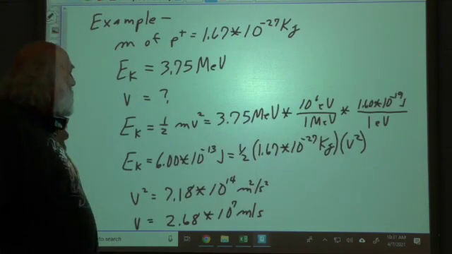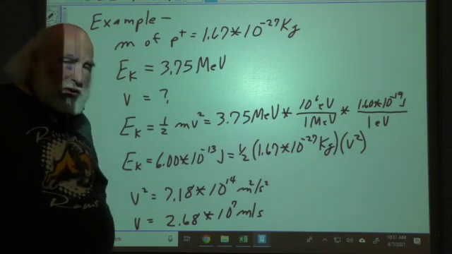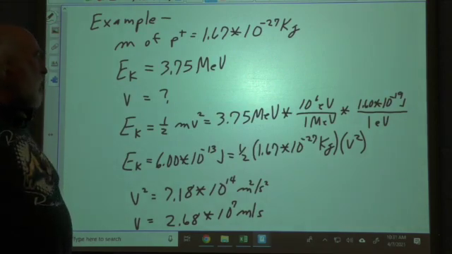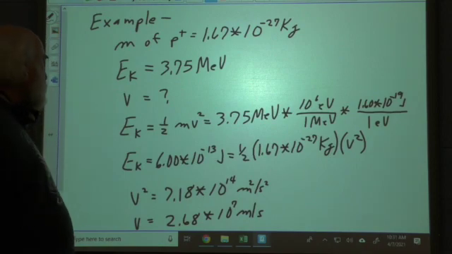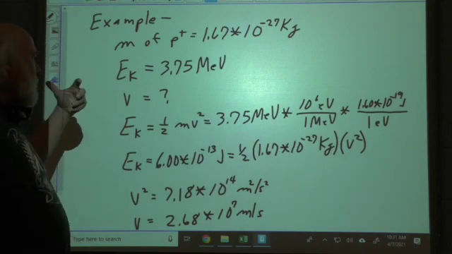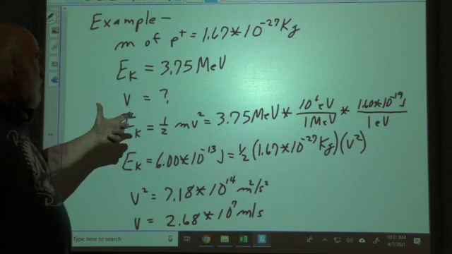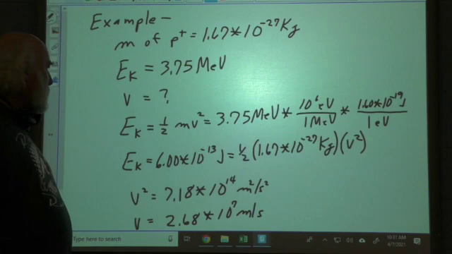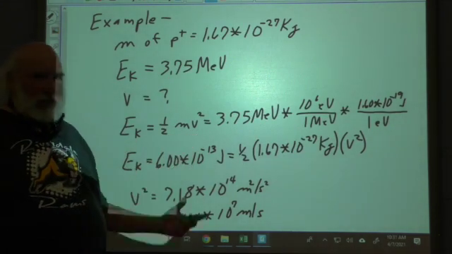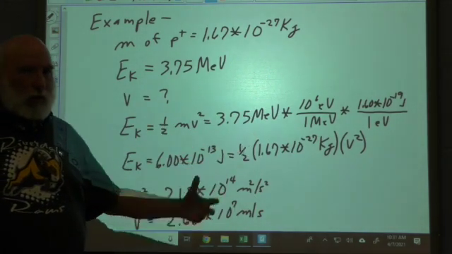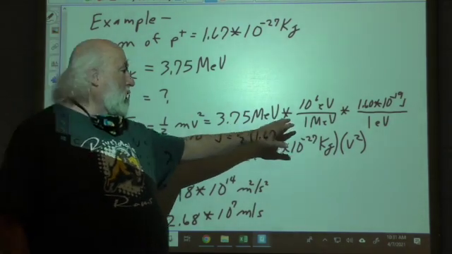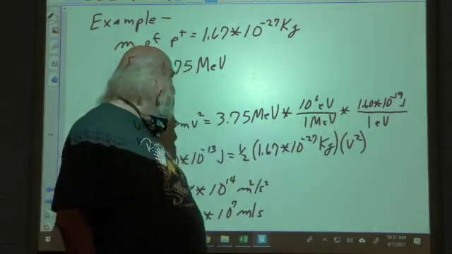Okay, the third example we had here is we're given a mass of a proton, and the kinetic energy of that proton is 3.75 mega electron volts. And the question is, what is the velocity that it is at in order to maintain that kinetic energy? Since kinetic energy is defined as 1/2 mv squared, going back to way back when we talked about energy, we have to change the mega electron volts over to electron volts over to joules.